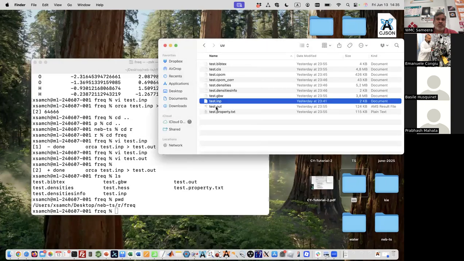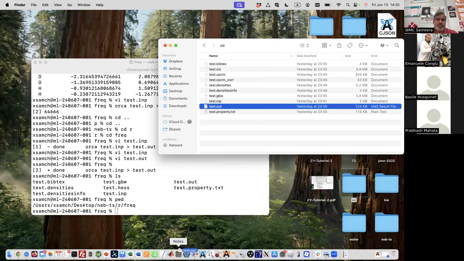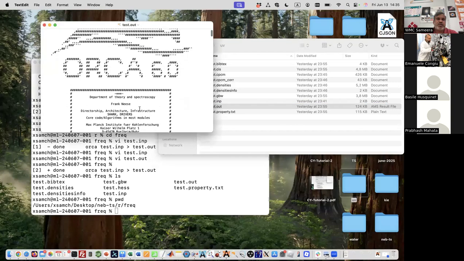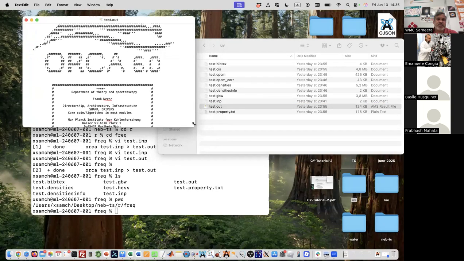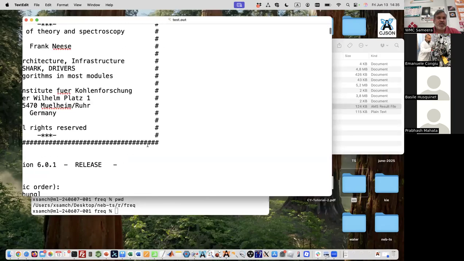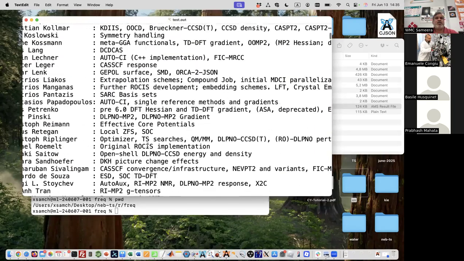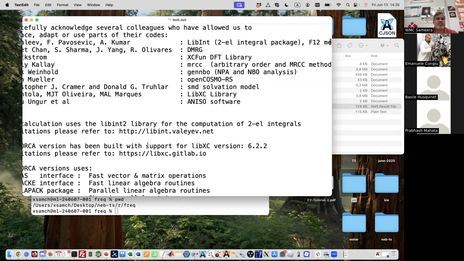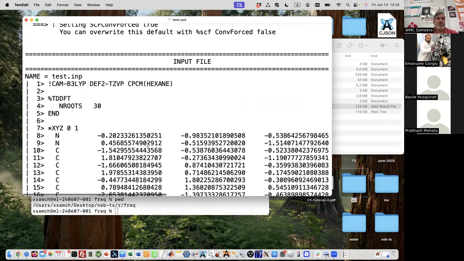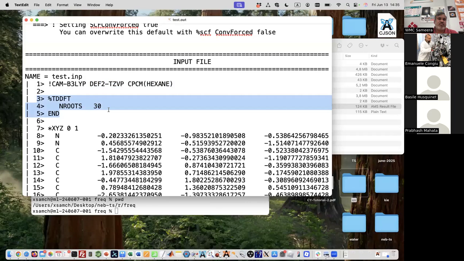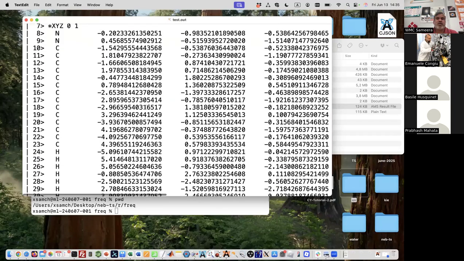This is the computation I did last night, so you can see. We are using the CAM-B3LYP functional, the def2-TZVP triple zeta basis set, implicit solvation is there, and we compute 30 excitations.